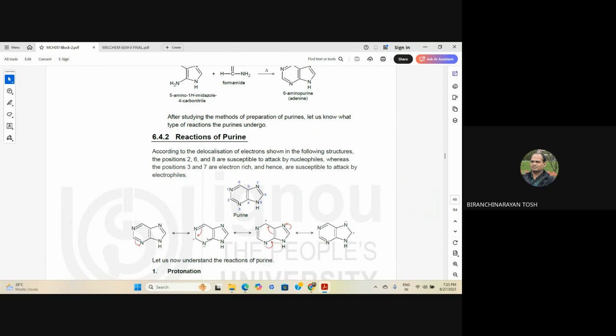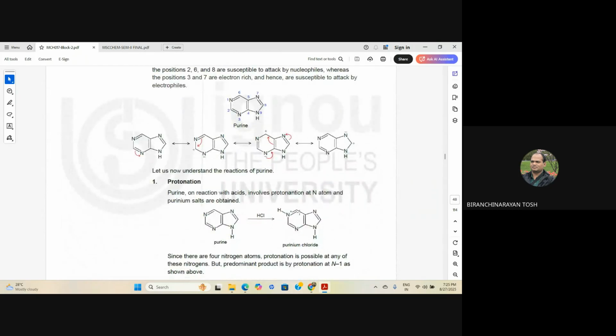Whereas the positions 3 and 7, in one structure, here and here you can see they are negative or electron rich, hence they are susceptible to attack by electrophiles.